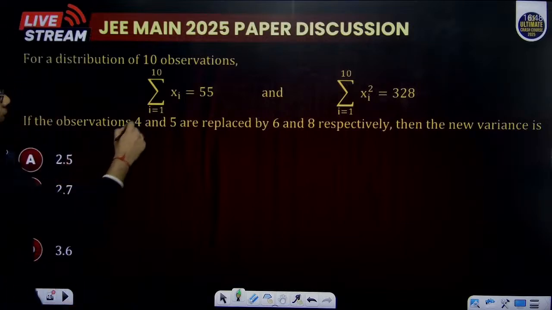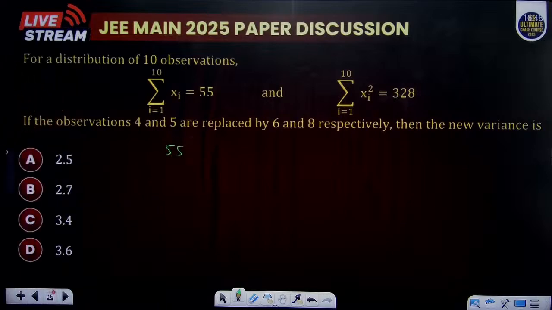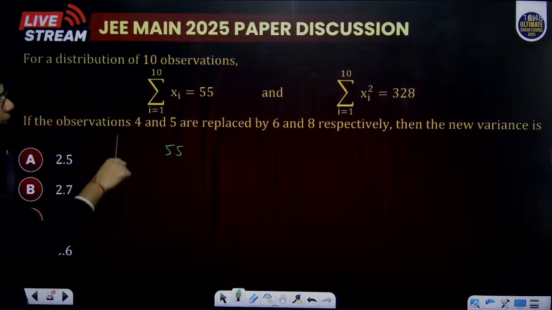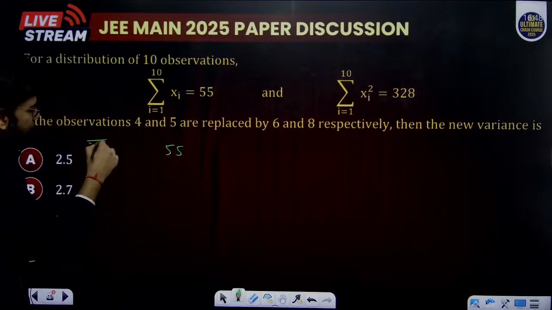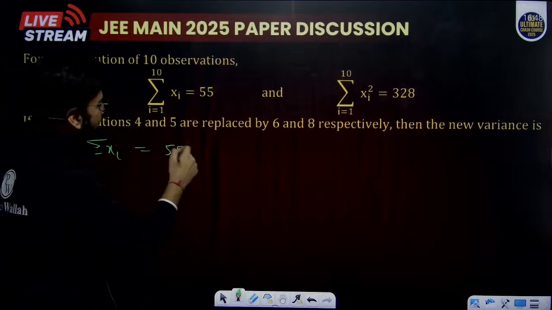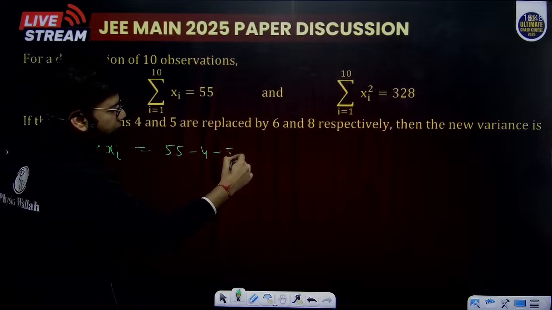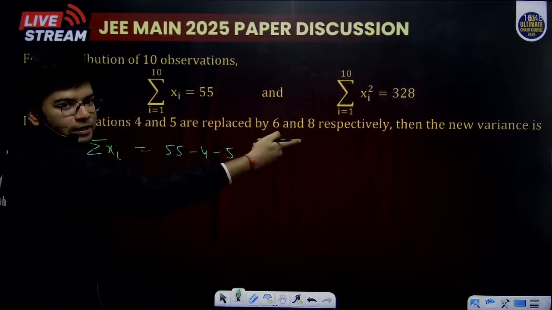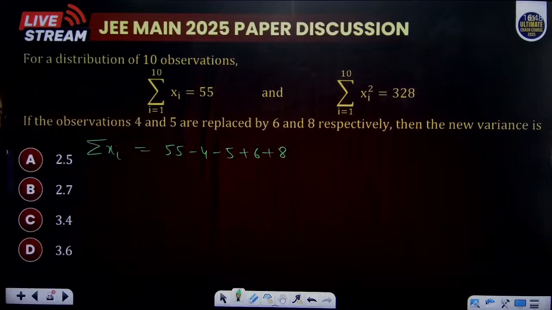So new summation, this is your old summation, and 4 and 5 are replaced with 6 and 8. So what will be your revised mean? That will be 55, minus 4 minus 5, and replace them with 6 and 8. So this will be my new sum.